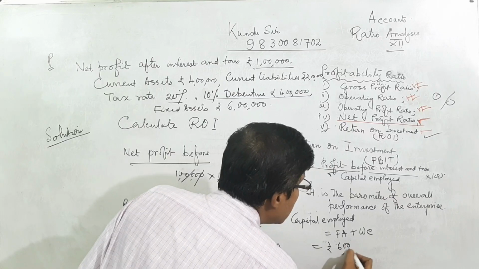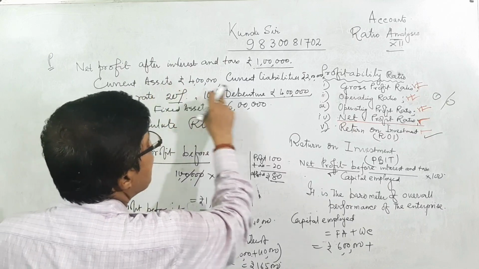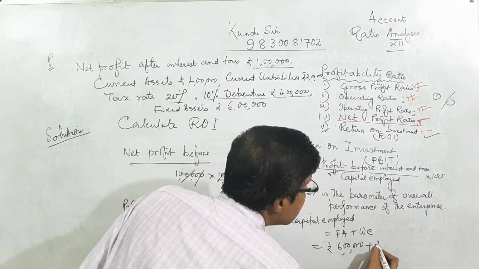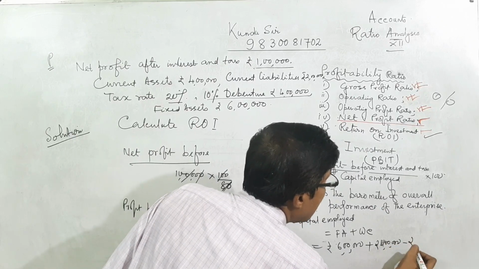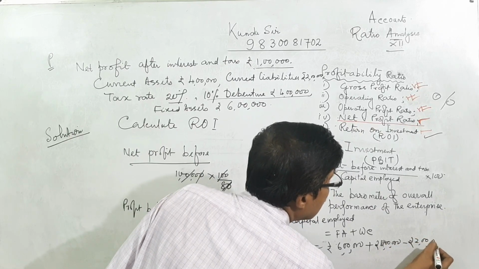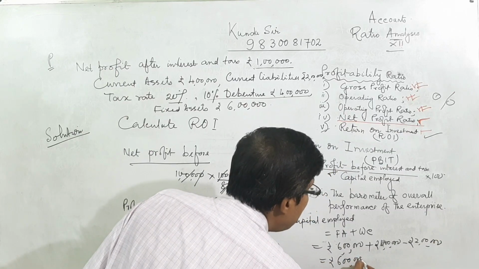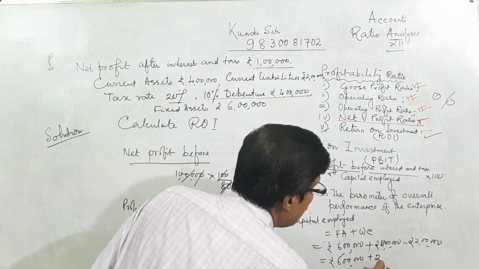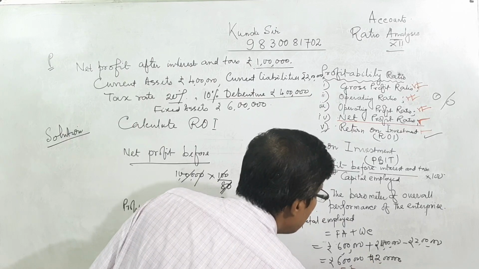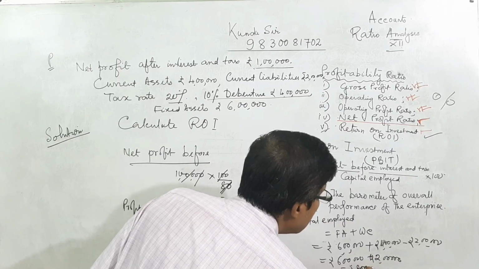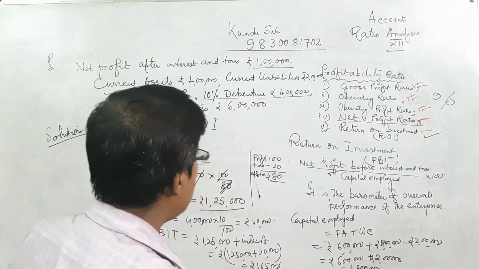Working capital of this entrepreneur is current assets minus current liabilities. So 6 lakh fixed assets plus 2 lakh working capital, that is rupees 8 lakh, is the capital employed of this organization.